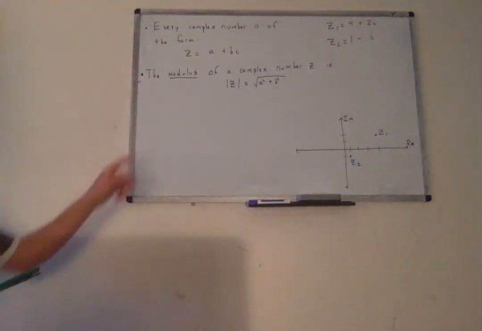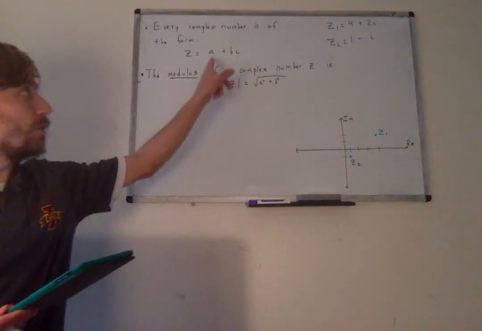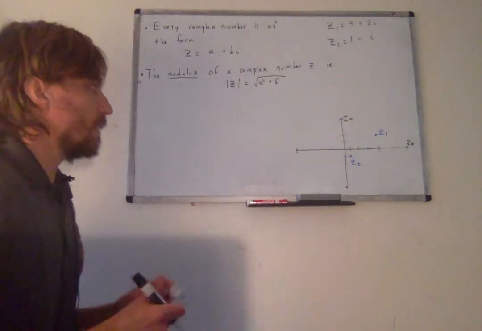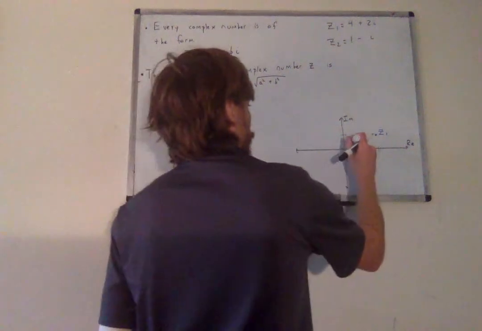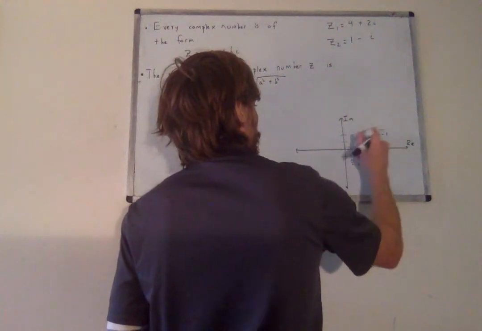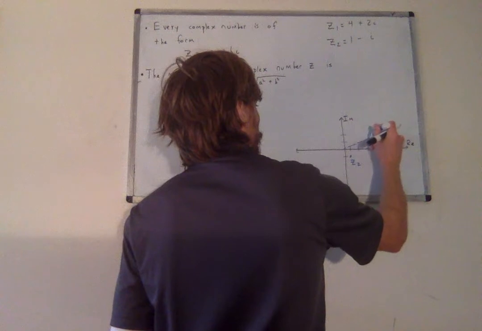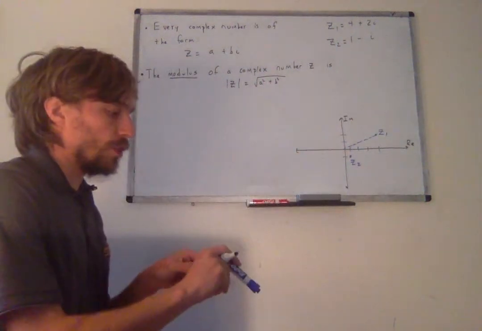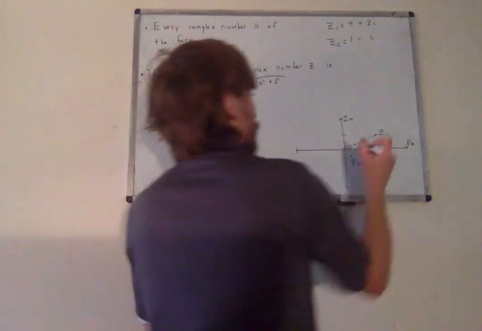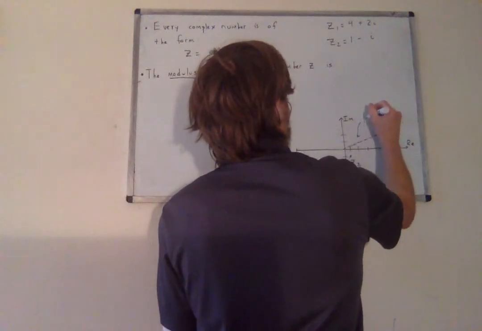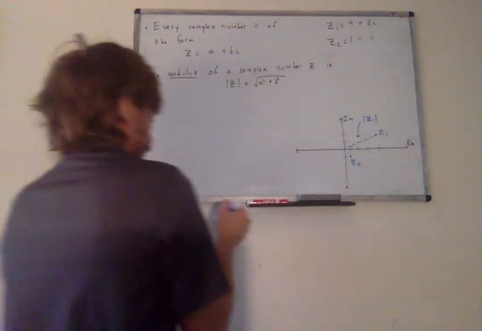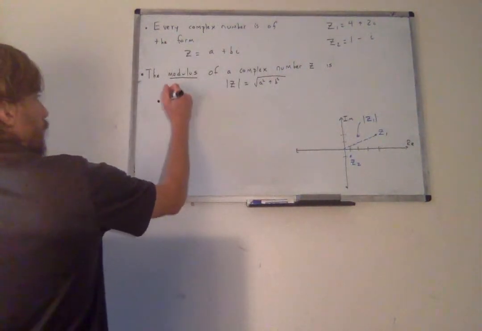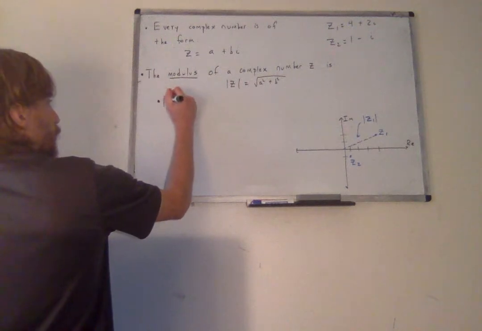So this is the value of the real part squared plus the imaginary part squared. And why does it help to think of this in the two-dimensional plane? Because you could also think of the modulus as being the length of the line from the origin to z1. And this just follows by the Pythagorean theorem.